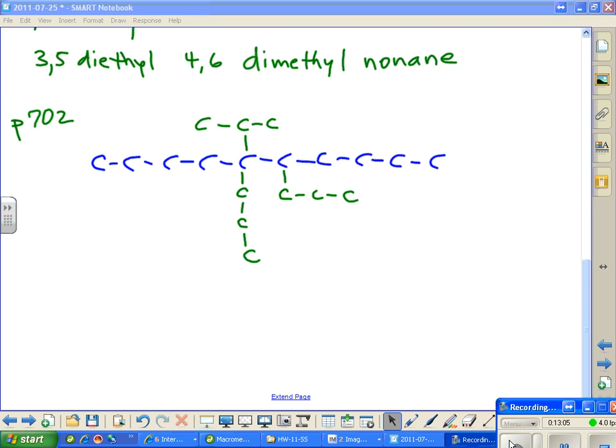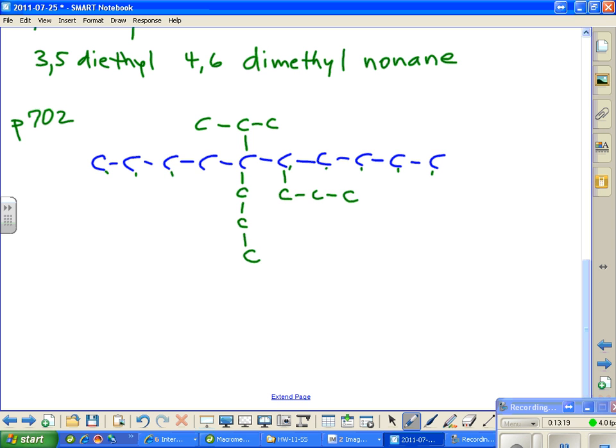Going from the right, I count 1, 2, 3, 4, 5, and I'm into a substituent. Let's go to the left end. 1, 2, 3, 4, 5.